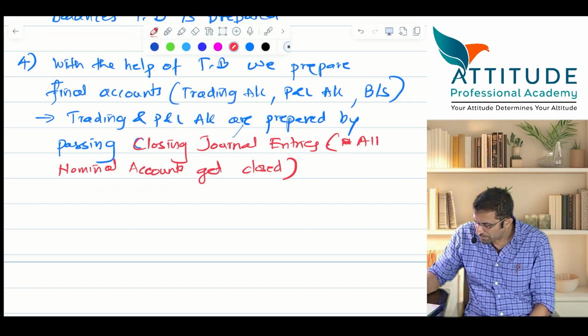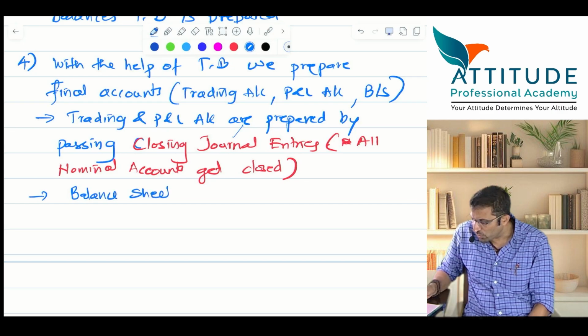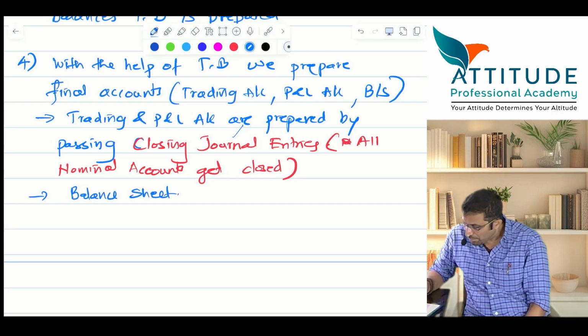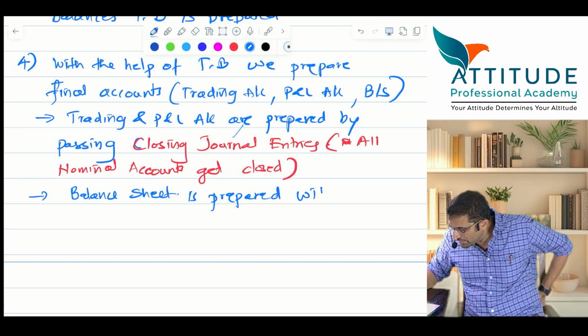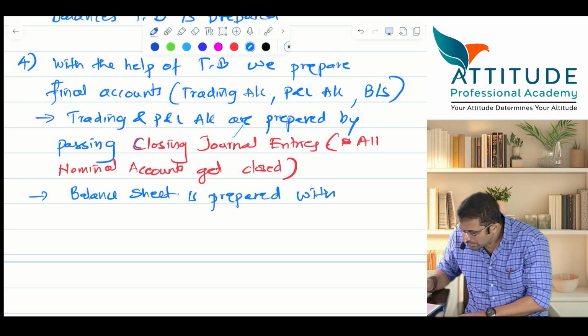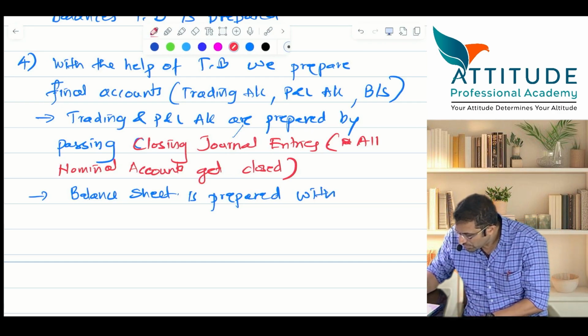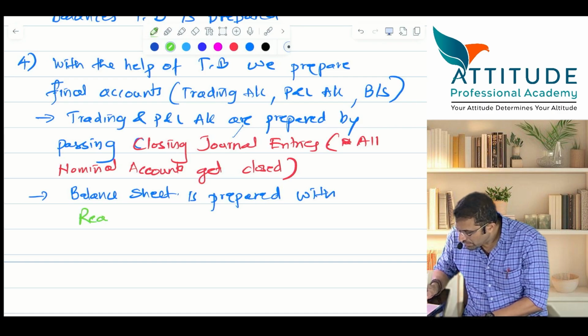The next is the balance sheet. Balance sheet is nothing but the accounting equation that you have done. The balance sheet is prepared with real and personal accounts.